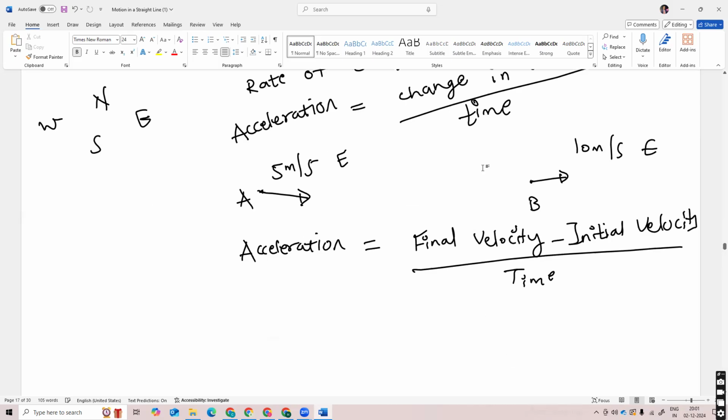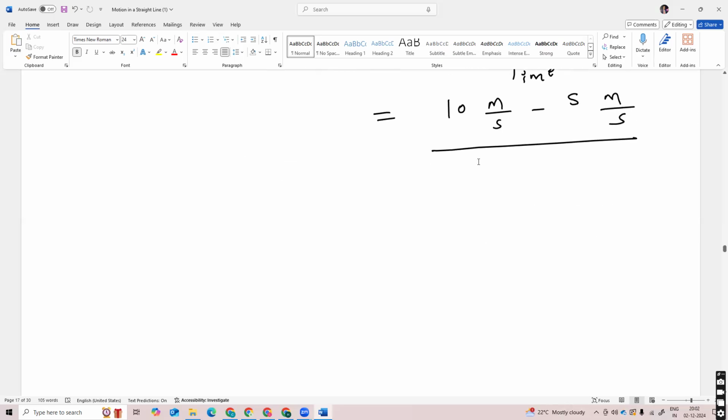Here the final velocity was 10 meter per second, the initial velocity was 5 meter per second, divided by the time taken. It has moved from A to B in 5 seconds, so the time taken was also 5 seconds.